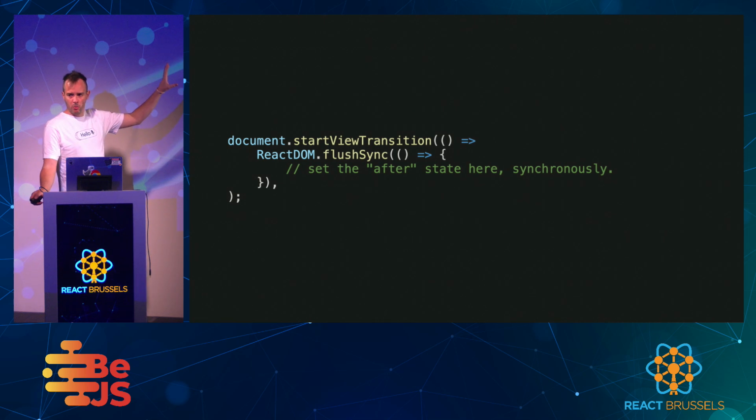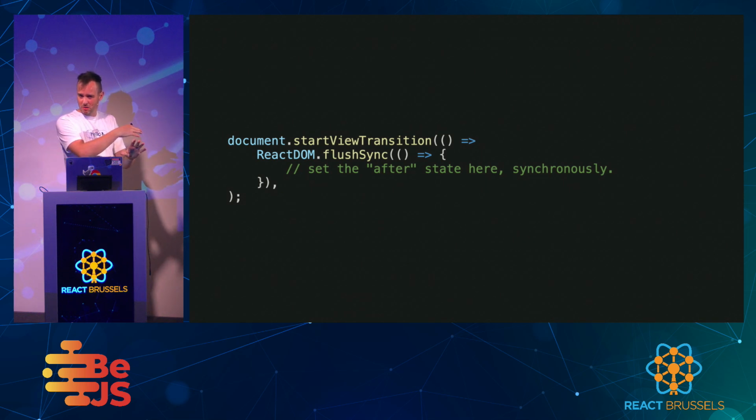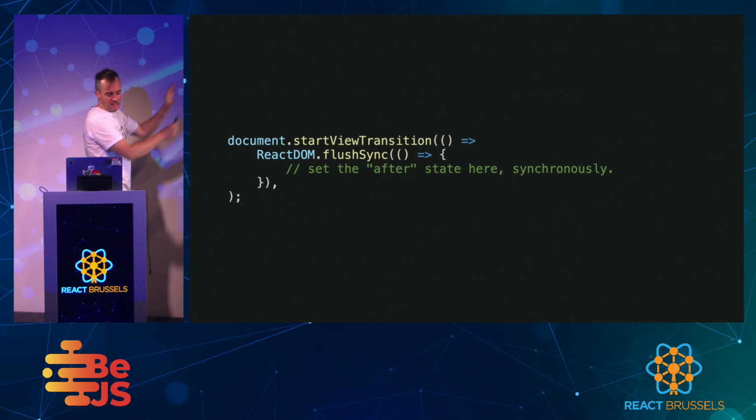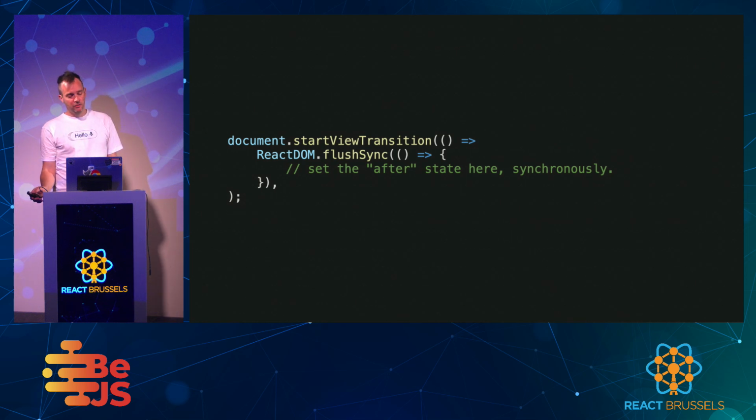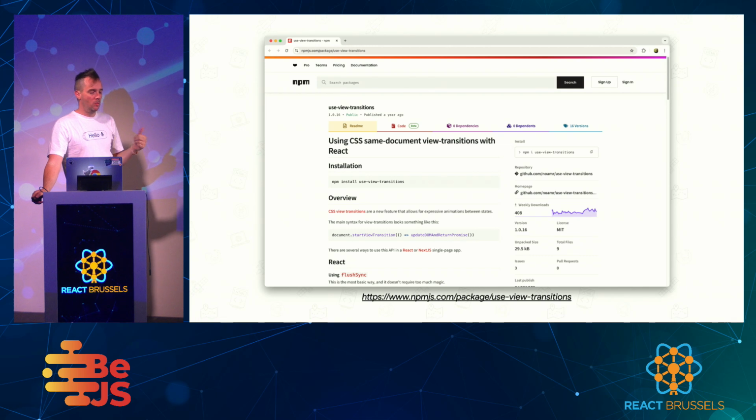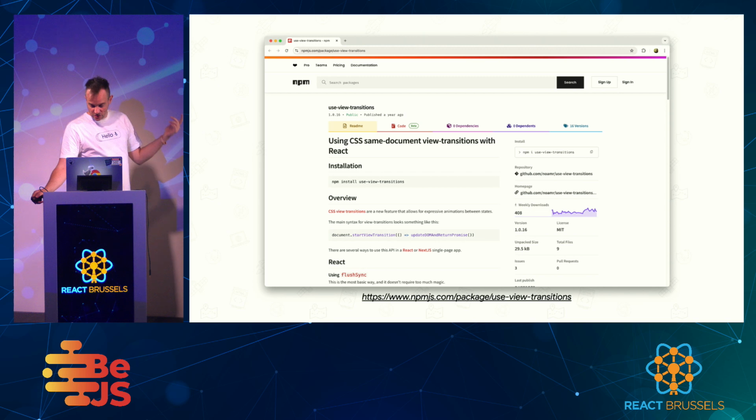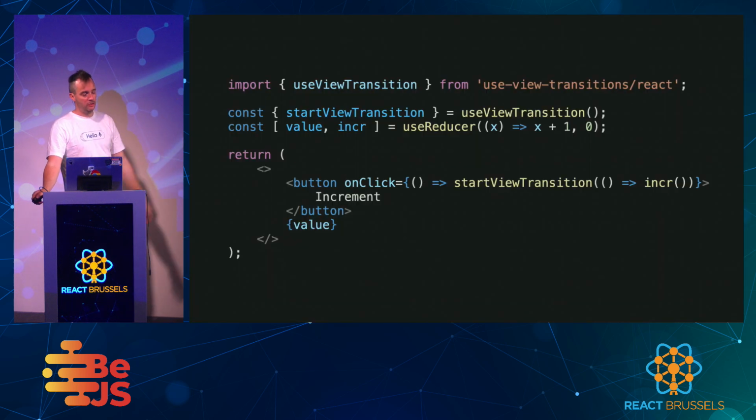This is the simplest way to get it working in React, but you have to do a flushSync, which is like working a bit against how React works, but this will basically do the trick for you. If you want a more fine-grained implementation of that, my colleague Gnome has built a hook that you can use. npm install use-view-transitions, and then you can use the useViewTransition hook, and that's how you can also make it work.